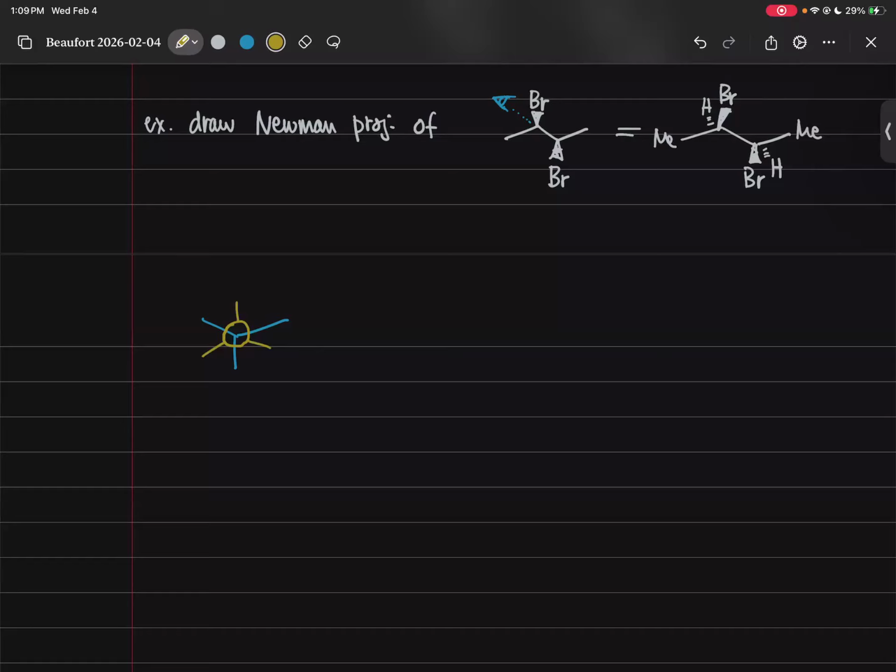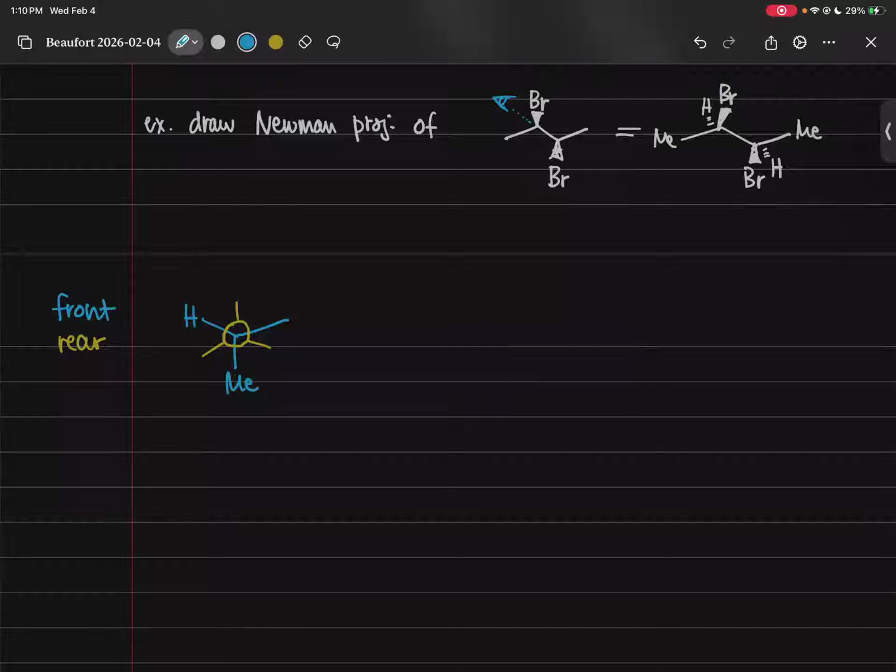Here it is. On the front carbon, the methyl group is going directly down. Blue is front, yellow is rear. So coming directly down is a methyl group. Going up and to the left on the front carbon is a hydrogen, your left, my right.